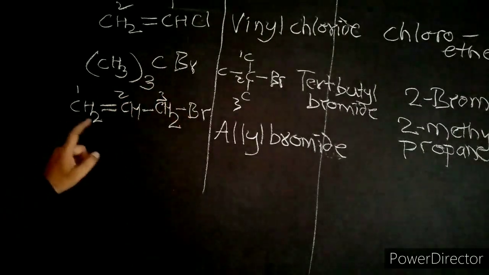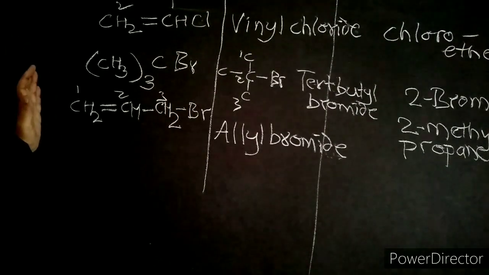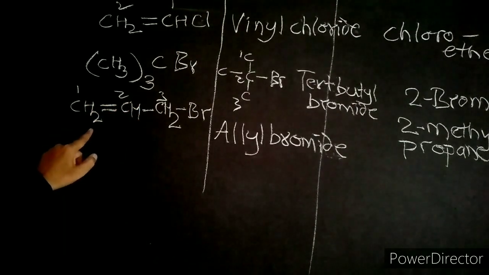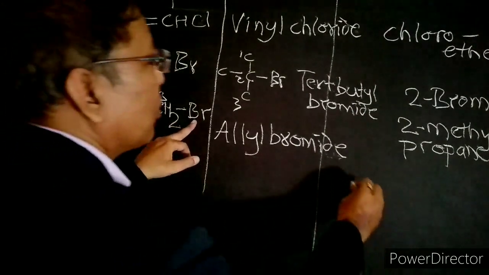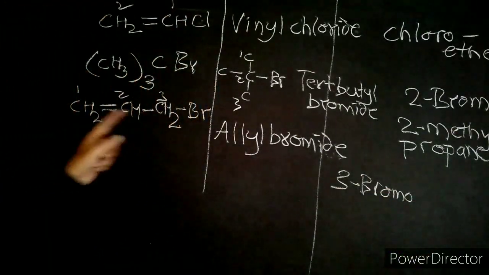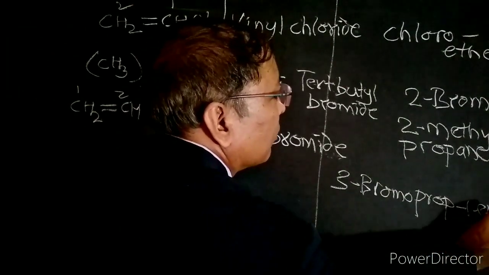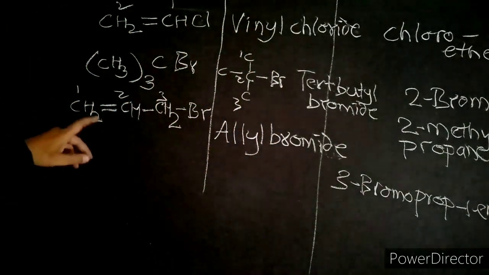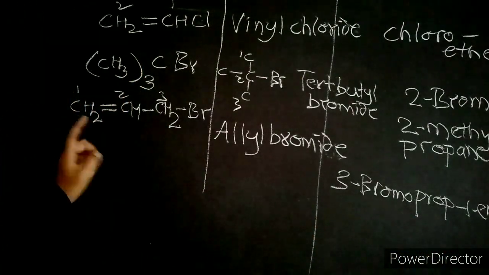The double bond is near the left side, so we have started numbering from the left side, meaning the double bond should get the minimum number. So the name is 3-bromo prop-1-ene. Here 1 indicates from which carbon atom the double bond starts.